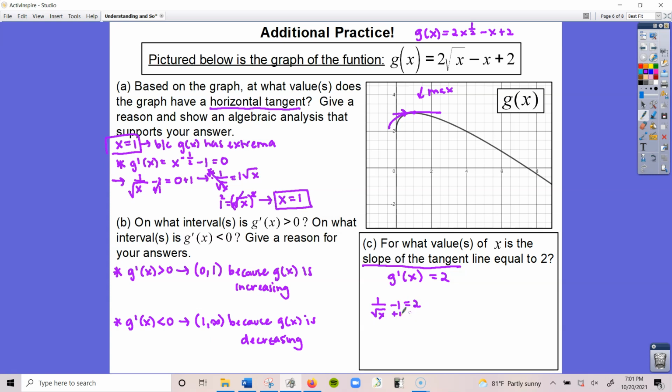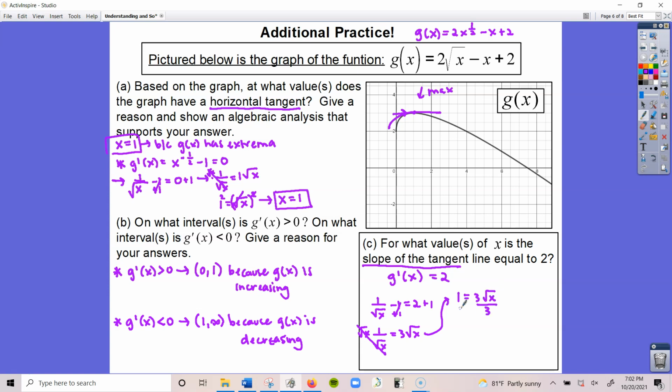So first I would add the 1, just like we did here, those same exact steps. So 1 over the square root of x is equal to 3. Next, we can multiply the square root to both sides, so we can remove it from the denominator. So we have 1 is equal to 3 square root x.